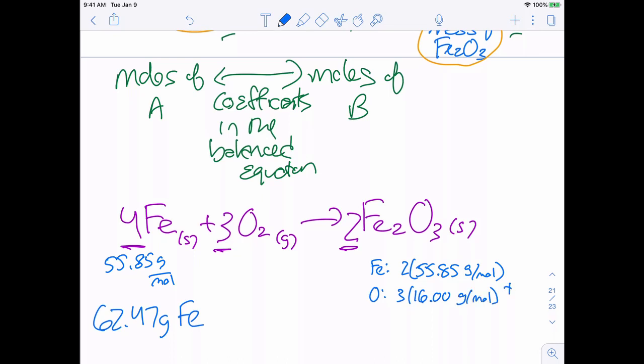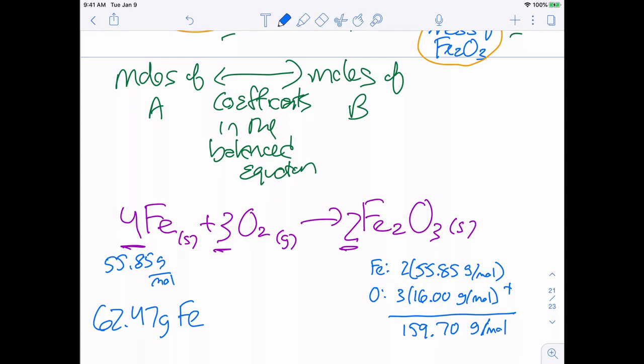If you want to carry out more, that's fine, just not less than that. So I'm typing that into my calculator here. And I got 159.70 grams per mole.